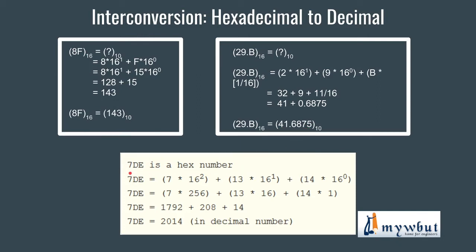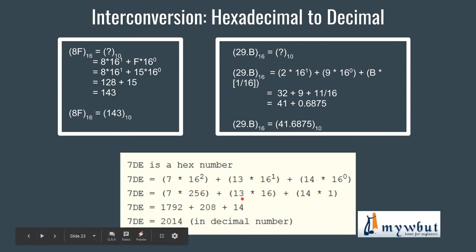Now let's take a look at this one. We have 7DE, which is a hexadecimal number. The positional weight of 7 is 2, the positional weight of D is 1, and E is 0. So we write 7 into 16 squared plus 13 into 16 to the power 1 plus 14 into 16 to the power 0. 16 squared is 256, and this 7 remains the same.